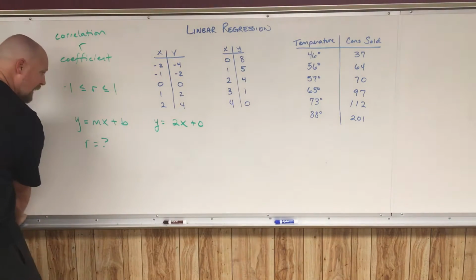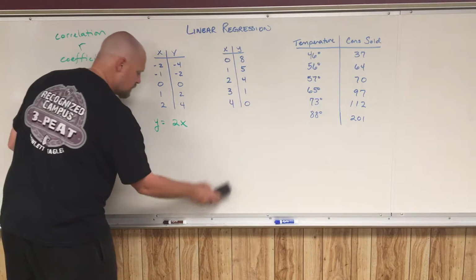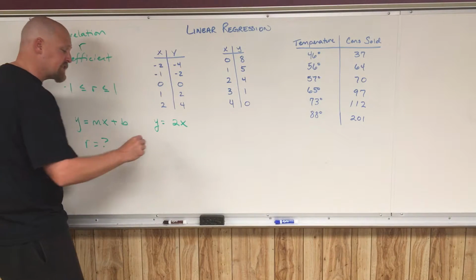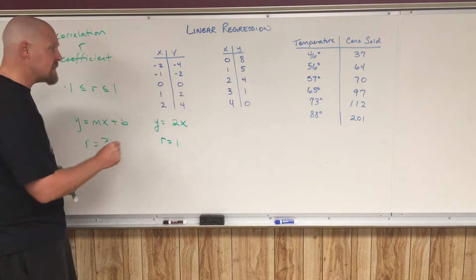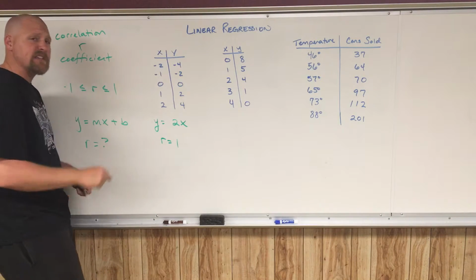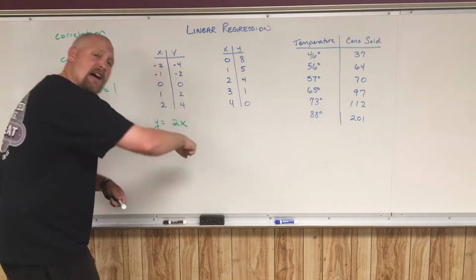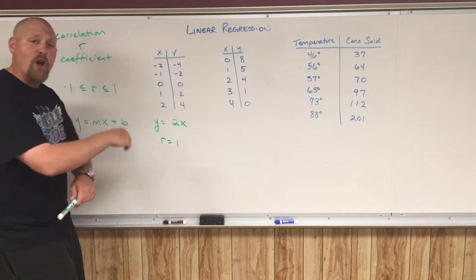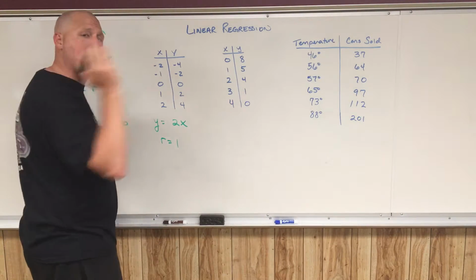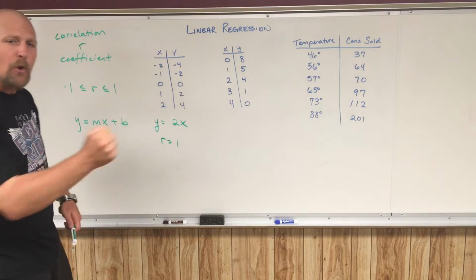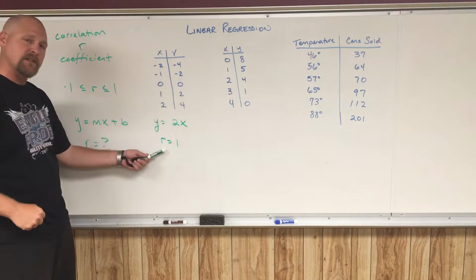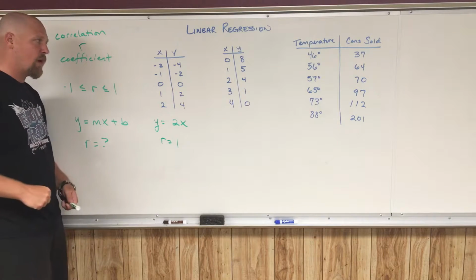But you're going to see that r equals 1. That means each one of these points is on the line. It is so super strong, there's no space between the best fit line and the points we're given. Super strong correlation. R equals 1.